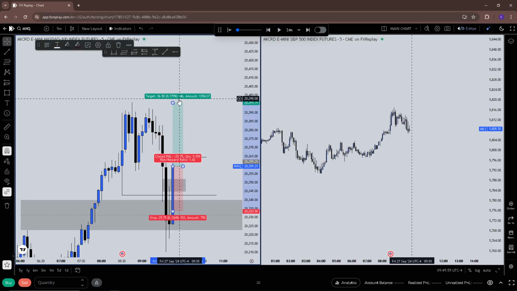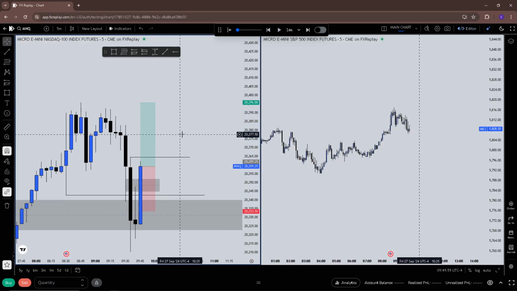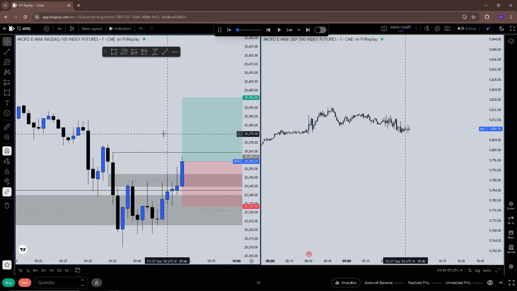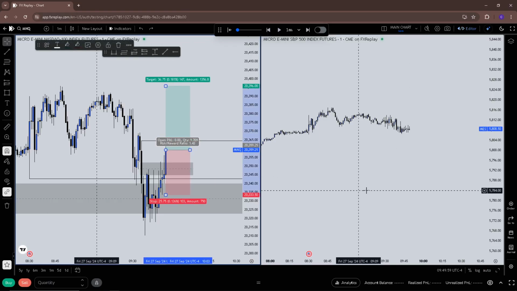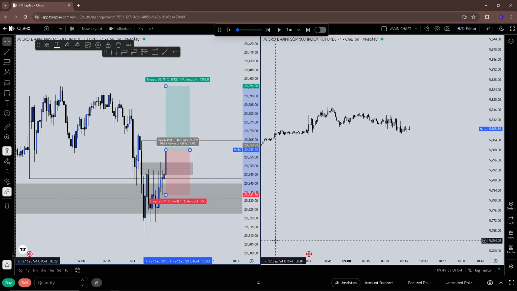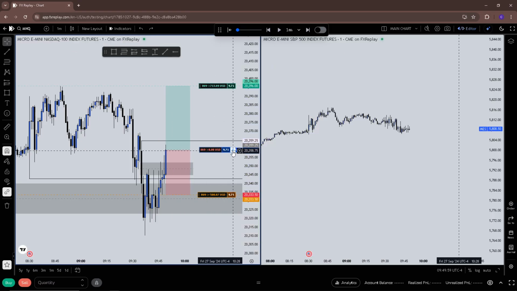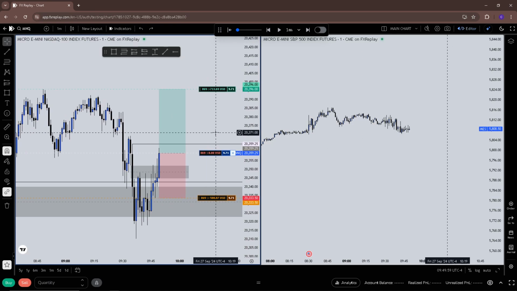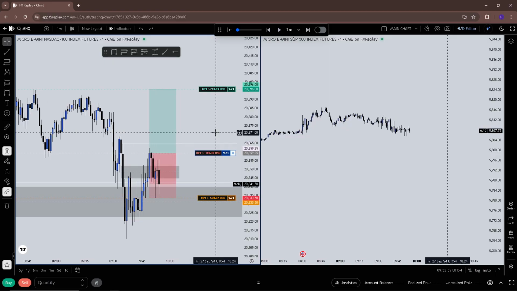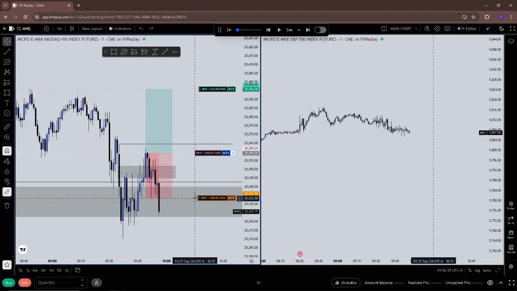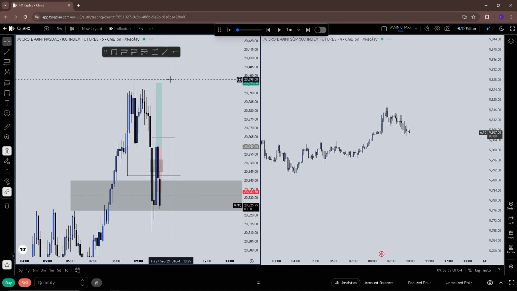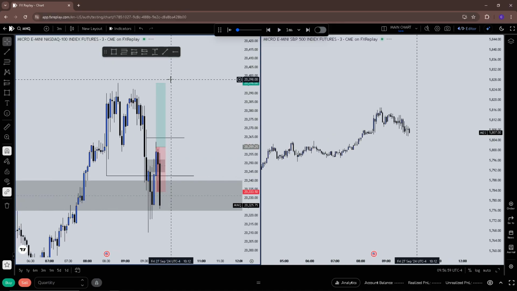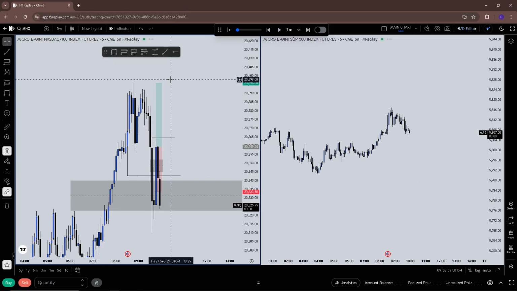This up to minor buy side. Looks like we're gonna be stopped out. I like this inversion off open.